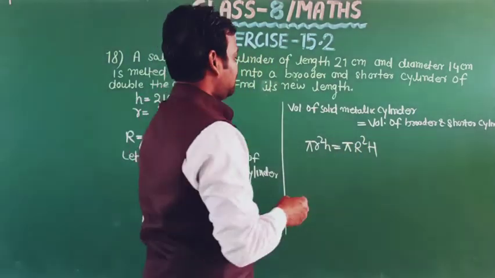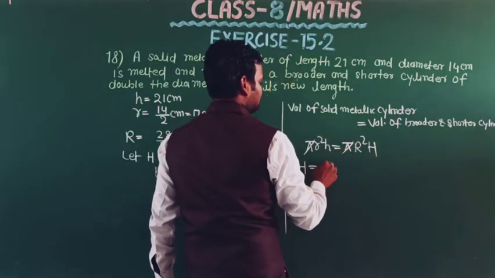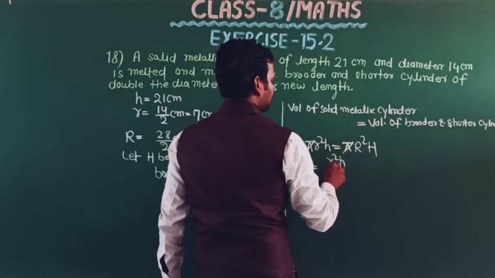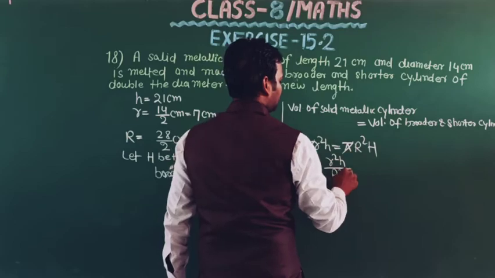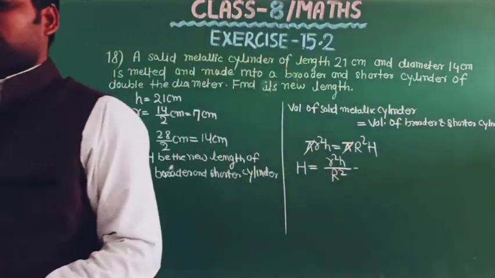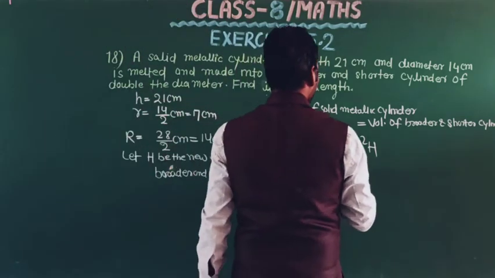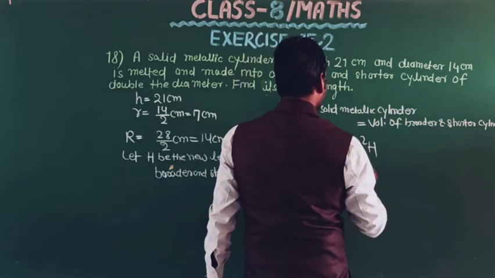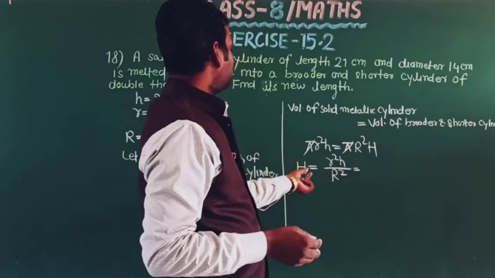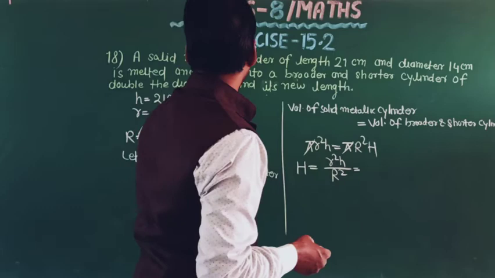So we can cancel pi from both sides, and here capital H equals small r square into small h by capital R square. Substitute the values of small r, capital R and small h.